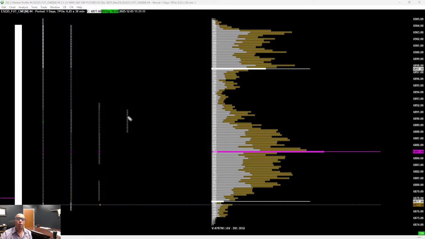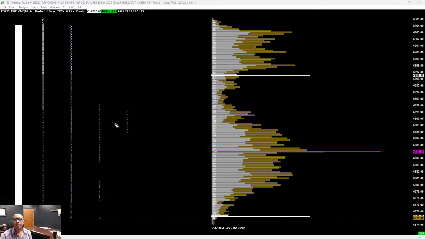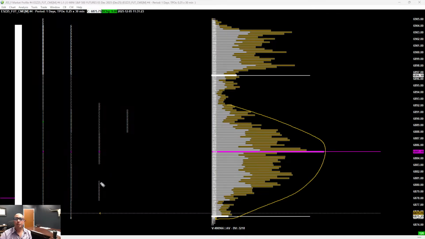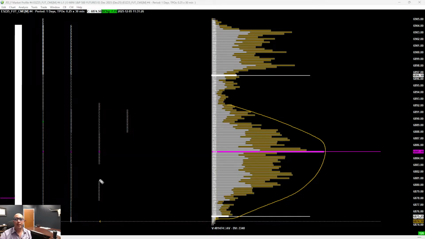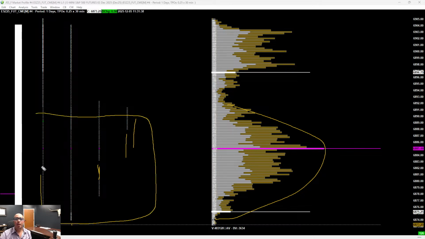Looking at the other TPO charts, this looks like you need to build this out more. As we move into different periods, they'll probably fill this in. This will get filled in, then price will move over, and you'll have price here. This will kind of build out throughout the day.